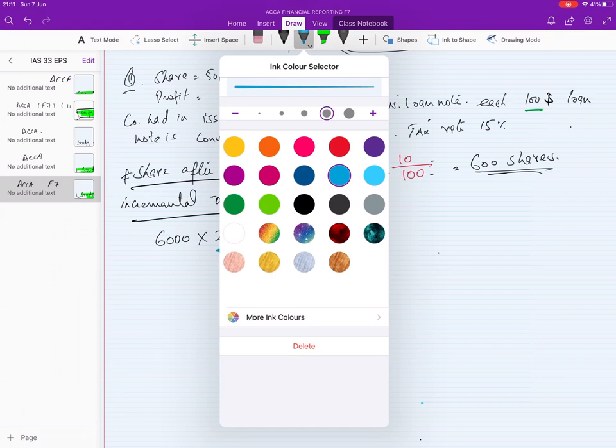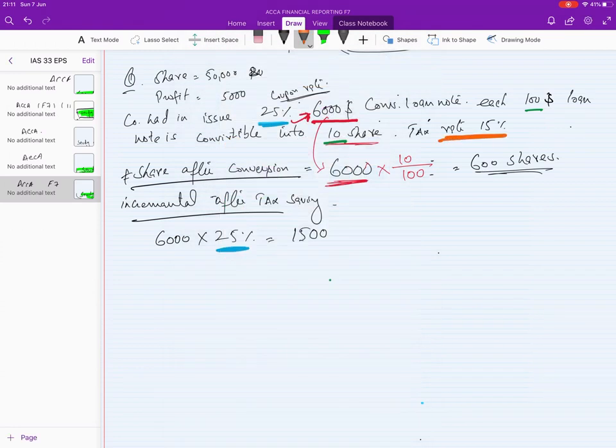So the tax rate is here. You have to pay 15% to tax, so only 85% is yours, because you are paying 15% to the tax authorities. So you will get only this saving.